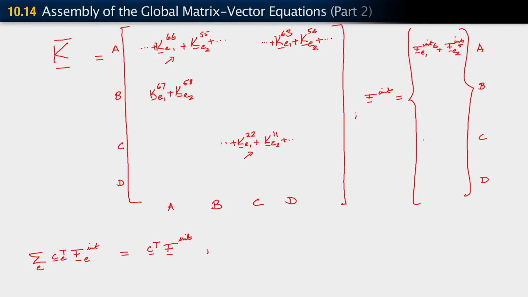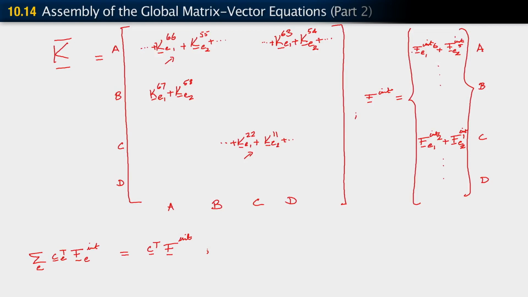Right, this continues, and let me try to do the same for global node C. So from element E1, it gets F E1 internal node 2, and from E2 it gets F internal 1.